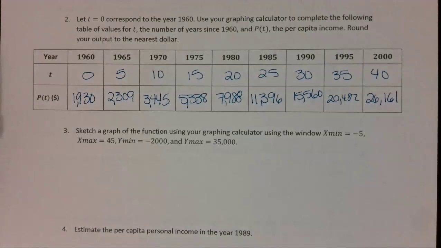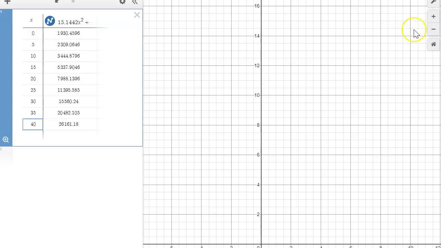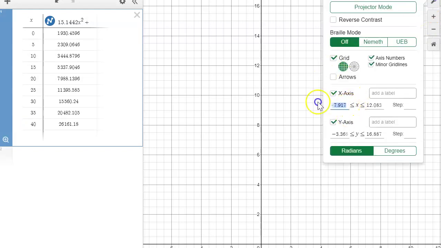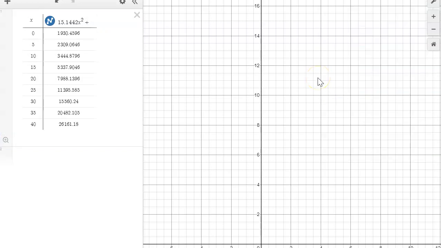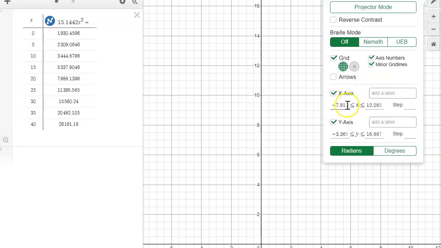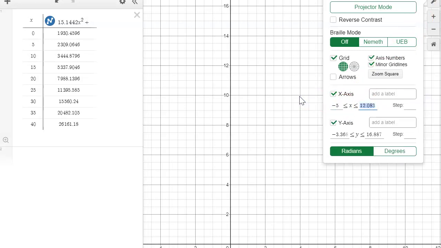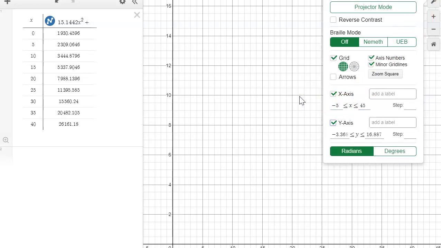Number 3 wants me to sketch the graph, and it gives me the window I want. So I'm going to go back to decimals, and remember to change my window. I go to this little wrench in the top corner. For my x-min, it wants -5. For my x-max, it wants 45.